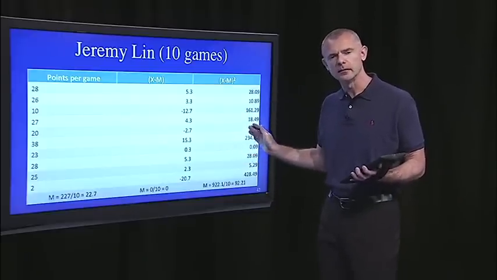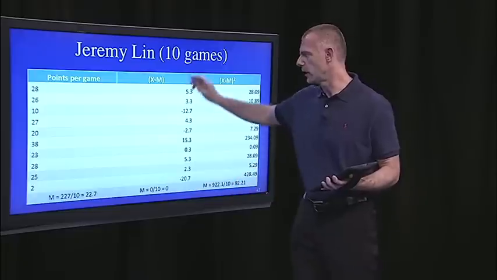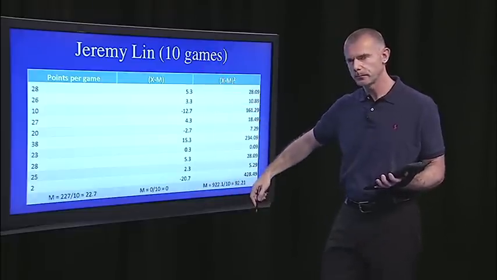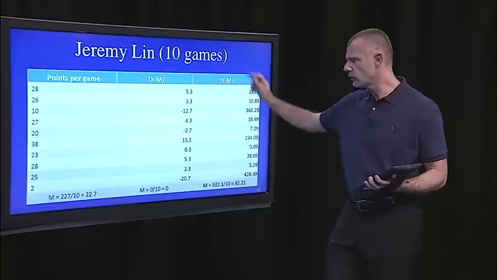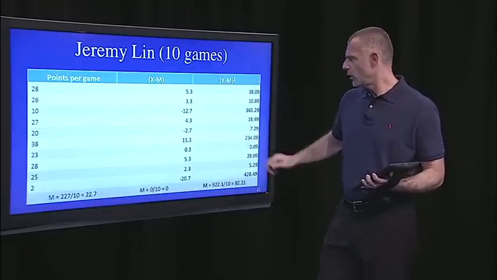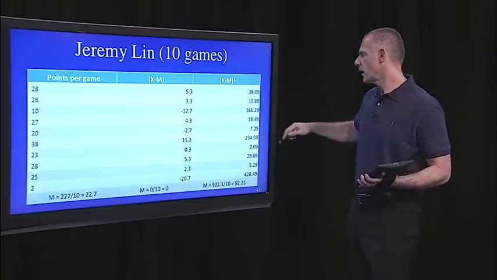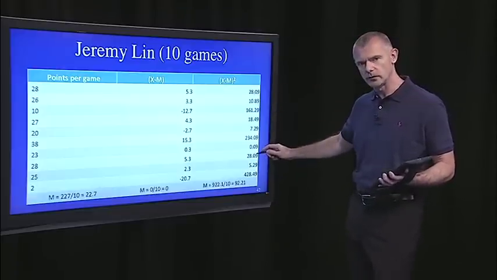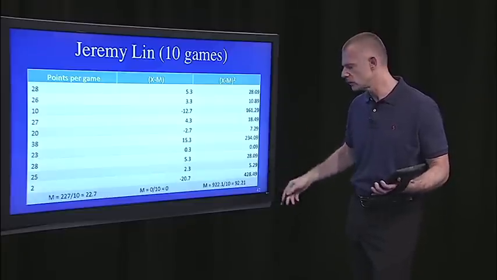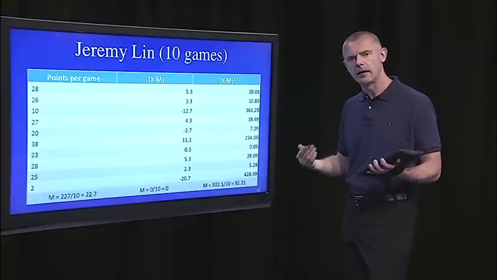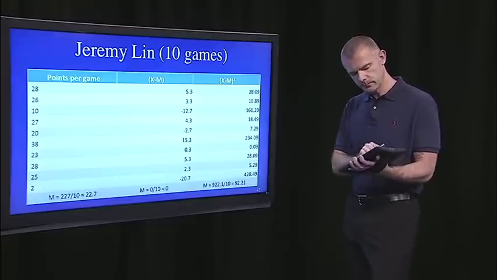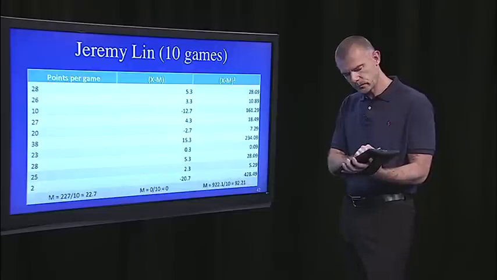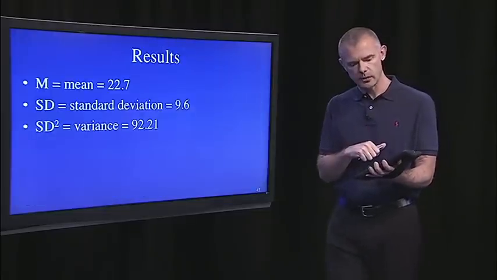To get to variance, what we did was we calculated deviation scores. So here are all the deviation scores in the middle column. Then we squared them, and then we summed the squared deviation scores. That's sums of squares. Divide that by n, and that gave us variance. These were the results for Jeremy Lin.